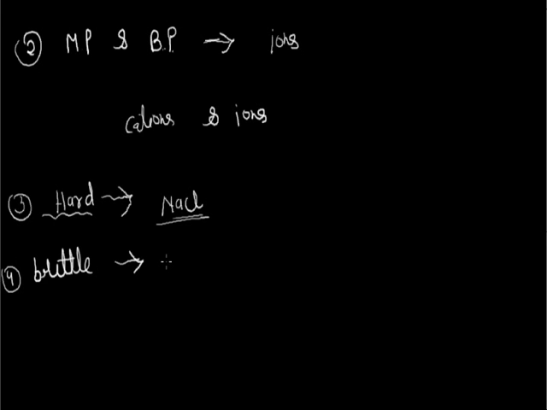This is called the brittle nature of ionic compounds. Now we will discuss why ionic compounds have brittle nature. Basically, ionic compounds have this type of structure: positive ion, negative ion in alternate order.